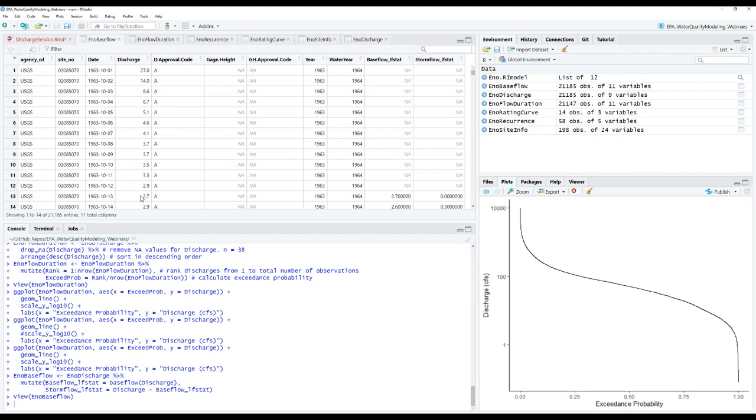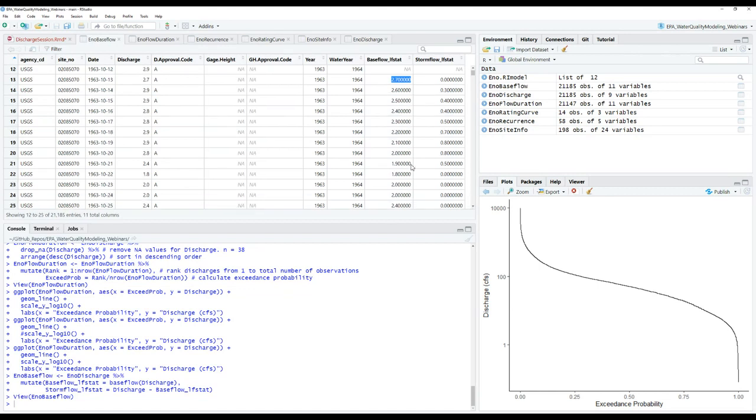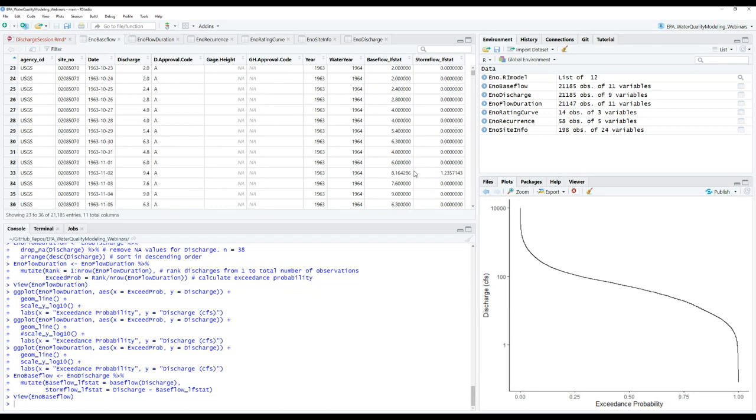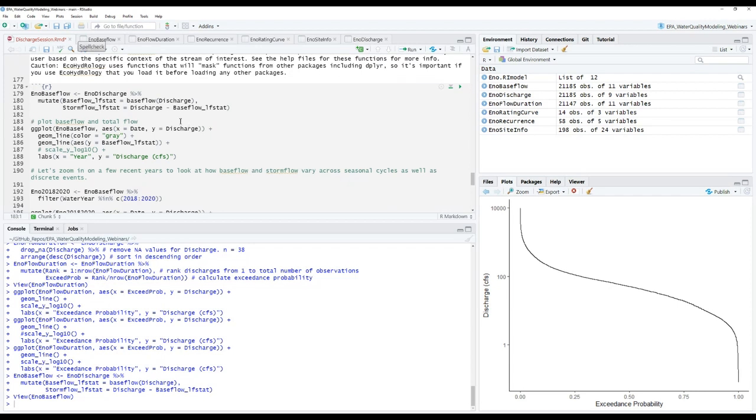Our discharge was 2.7 on the 13th of October. 2.7 cubic feet per second of that was attributed to baseflow, 0% to storm flow. But as we go along, some of it will be attributed to baseflow and storm flow accordingly. That goes all the way through the 21,000 lines. I won't bore everybody by scrolling through that entire thing right now.